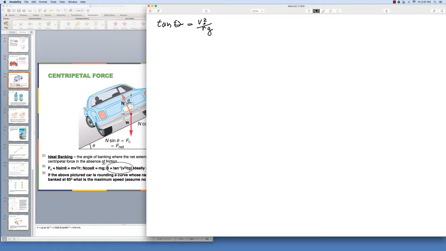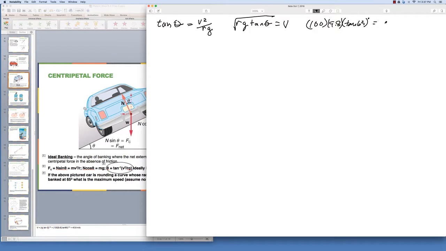We want to solve for v, so the next step is to move this over this way, and now the square root of rg tangent theta equals v. Now we can put our numbers in: 100 for the radius, g is 9.8, and the tangent of 65 degrees.